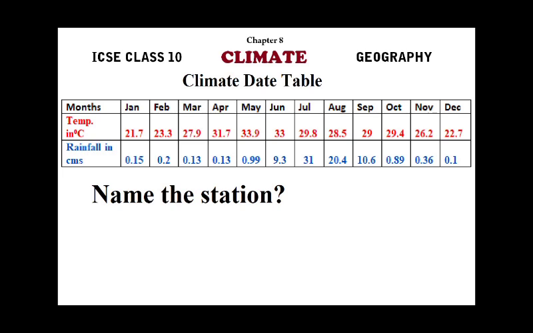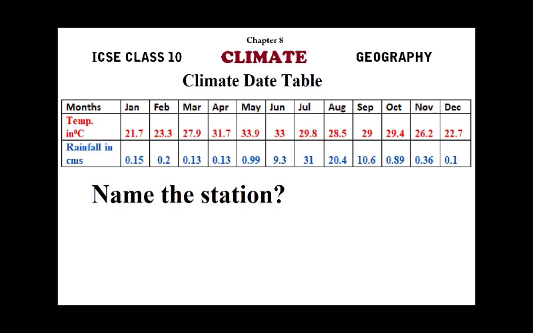Only during the hot summer season it goes as high as 31, 33, 33, right? And in other months it's almost in the 20s. That means this station is not in North India, because if it were in North India, temperature would have gone below 20, right? So one thing we can say, this station is located somewhere in South India or to the south of Tropic of Cancer.